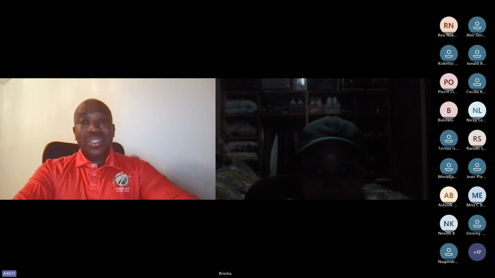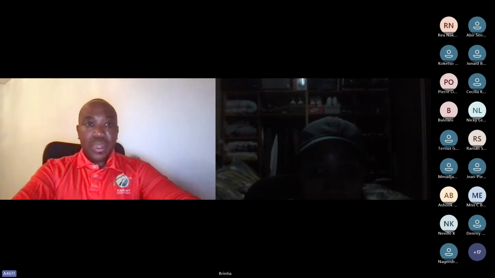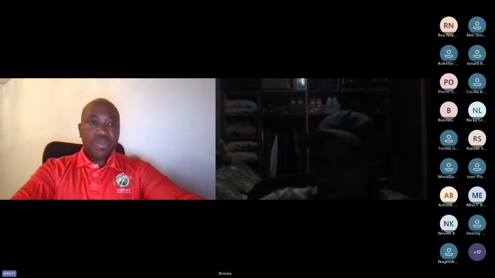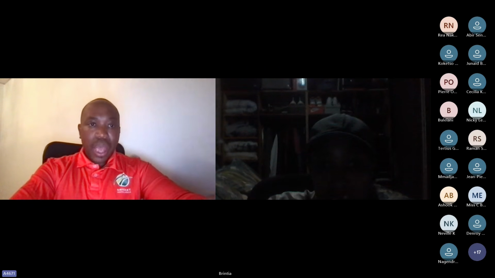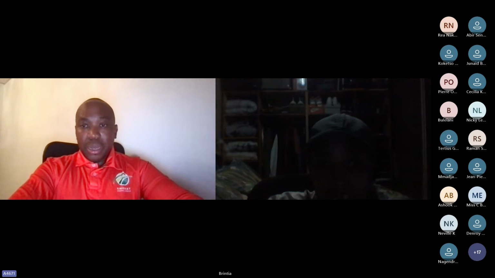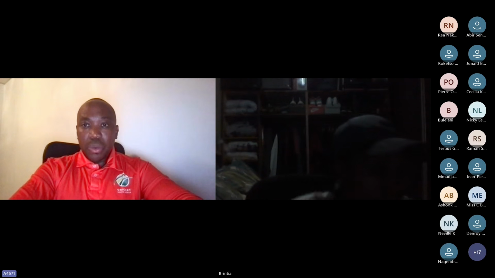So the onus is actually on the umpire to ask the bowler. It is normal practice for the bowler to tell the umpire, but if the bowler doesn't tell the umpire, then the umpire needs to ascertain by asking the bowler what mode of delivery he or she will be bowling.